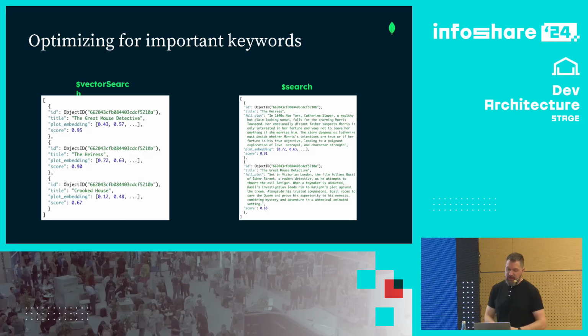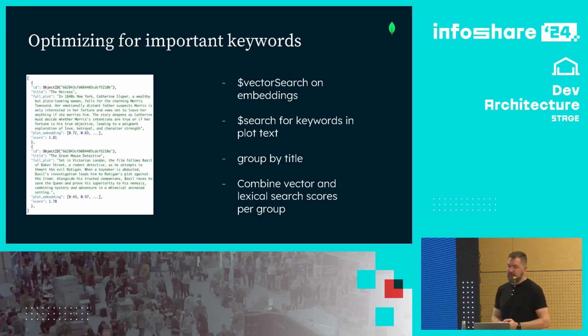Then we take our user's query, generate embeddings for it, and perform our vector search and return those results. We also perform our keyword search and return the results for those. Then we can combine the scores generated from those and assign a final score.